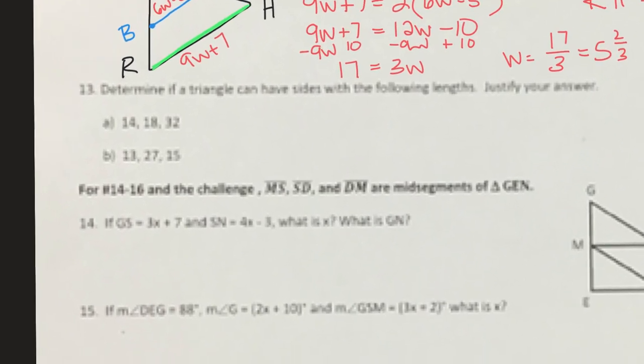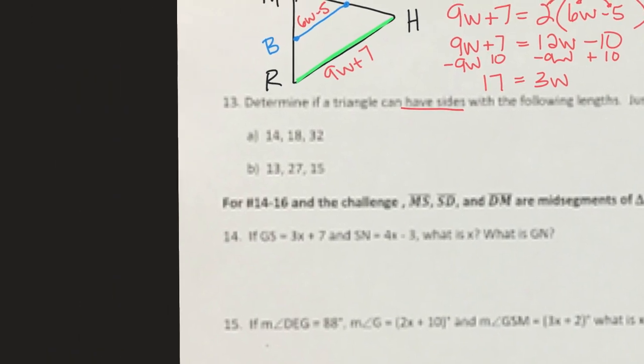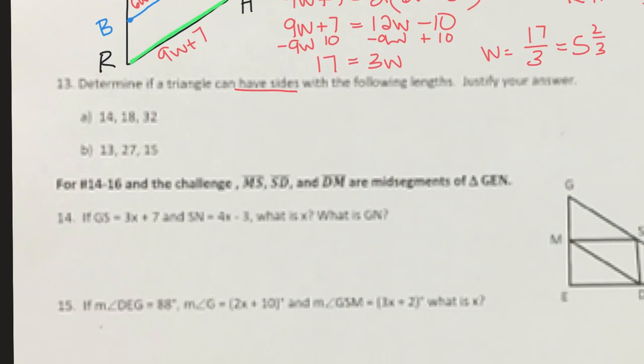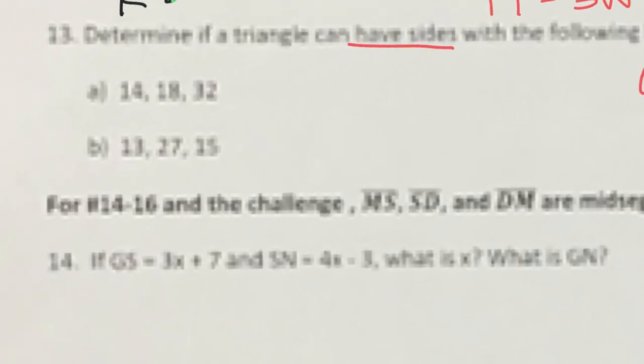Okay, determine if a triangle can have sides of the following lengths. So this is using the triangle inequality theorem. We need to know that the sum of the two smaller sides must be greater than the larger side. So that's what we're testing here.